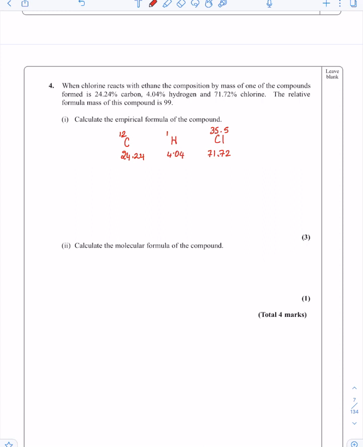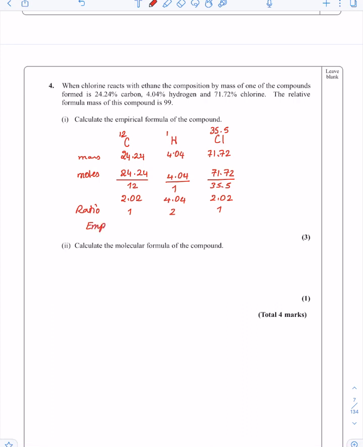Calculate the empirical formula. First, after putting the masses, we convert the masses into moles by dividing. 24.24 divided by 12 gives 2.02, and 4.04 divided by 1 gives 4.04, and 71.72 divided by 35.5 gives 2.02. We get the ratio between the moles, which comes to 1 to 2 to 1.